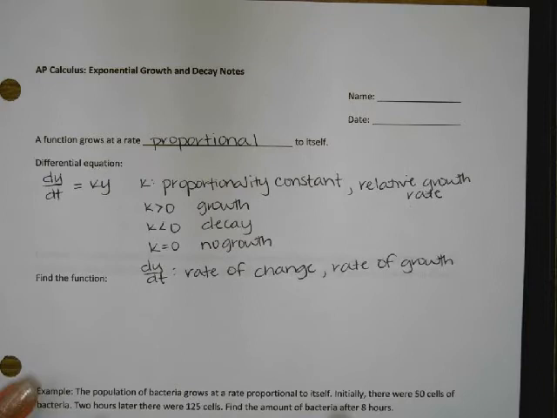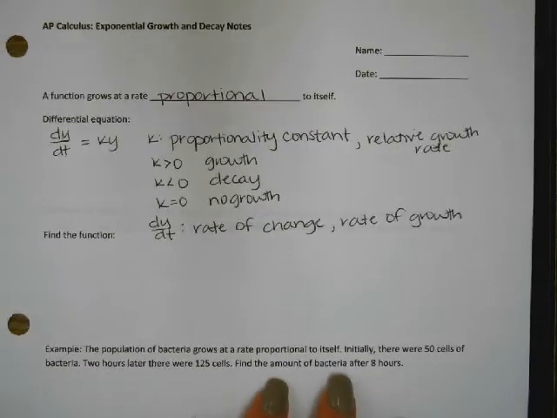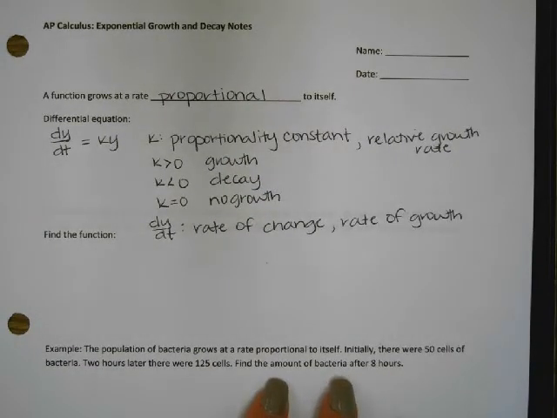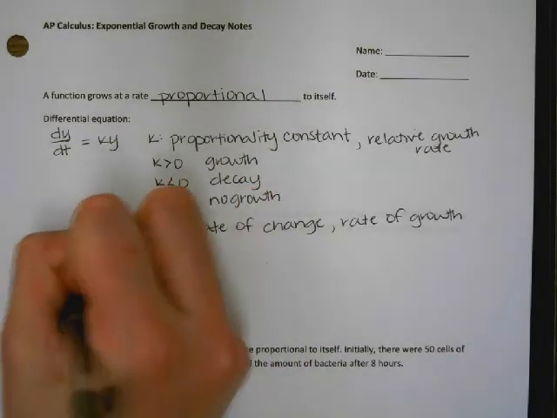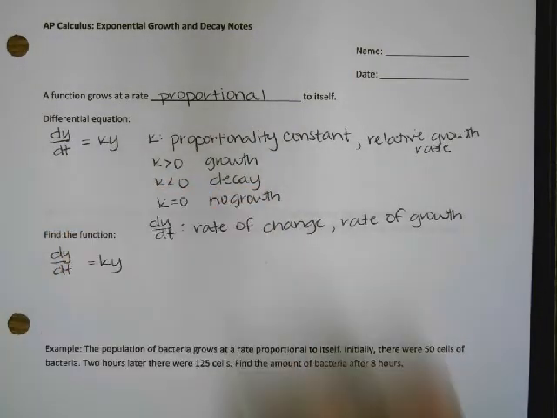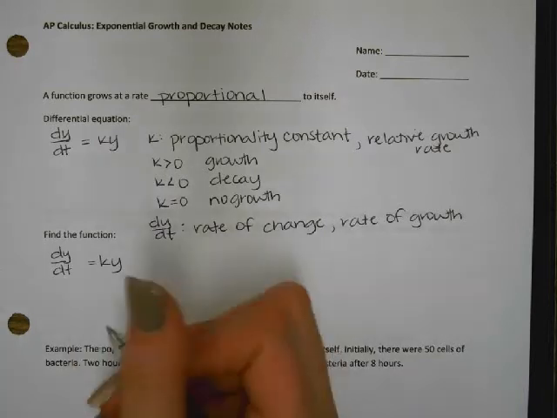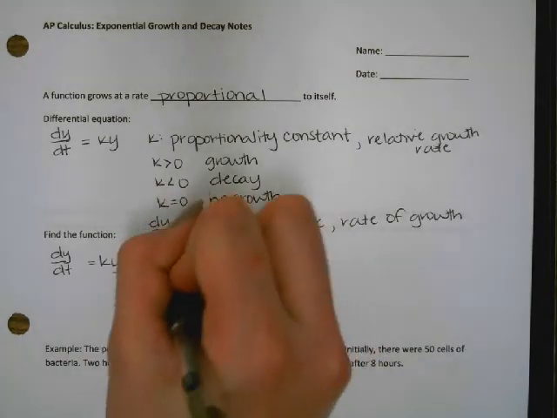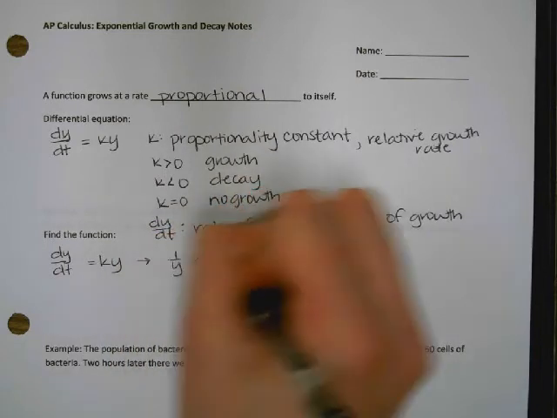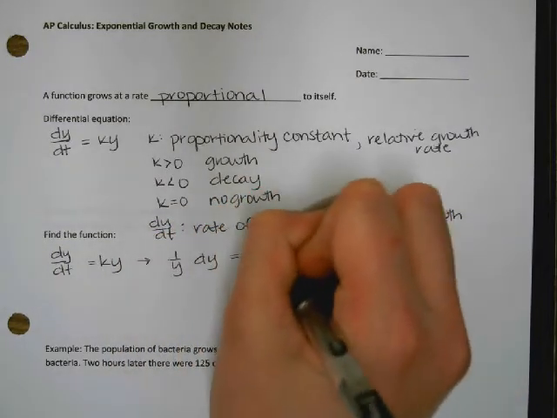So if we're going to find the function that is a solution for that differential equation, then we can start off with our differential equation dy/dt equals ky. And then as you guys recall, we want to have our variables on opposite sides. We want to separate those. So I'm going to divide this by y, and that's going to give me 1 over y dy equals k dt.